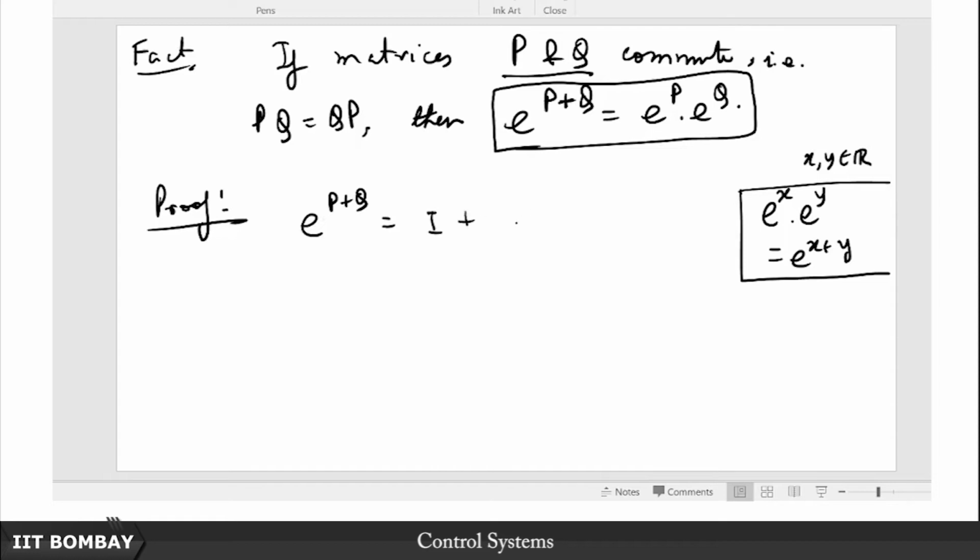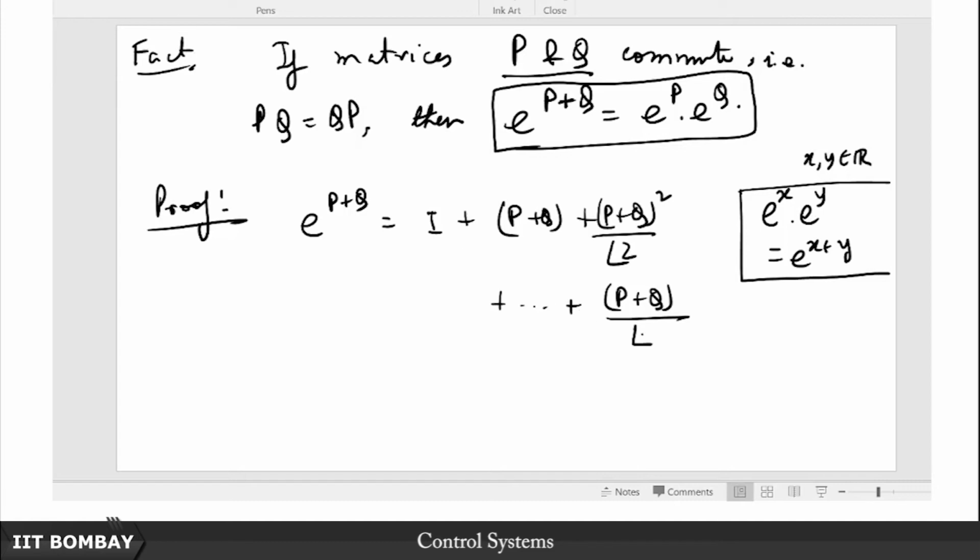So this is going to be nothing but I plus p plus q plus p plus q squared by factorial 2 plus dot dot dot till p plus q to the r upon factorial r, let me not use n here.